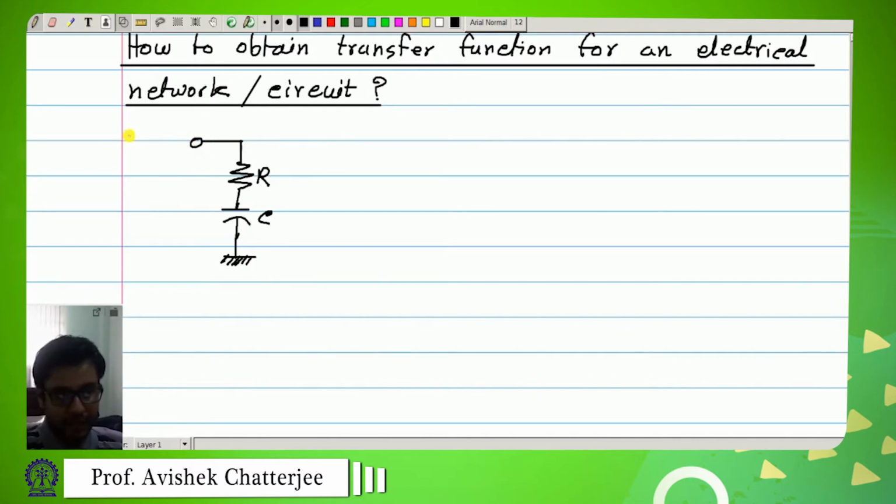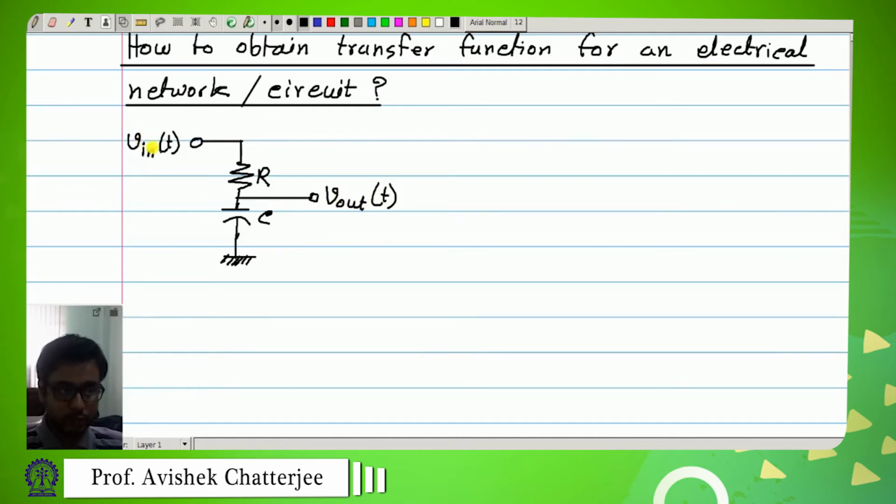Here I can apply a voltage V in t, function of time. So this is my system and this is the input to my system, and from this point I will measure the voltage at this point. Call it V out t, function of time.